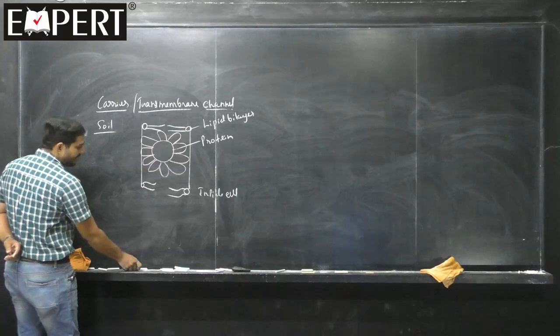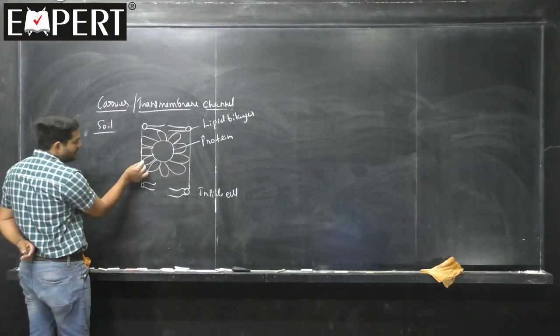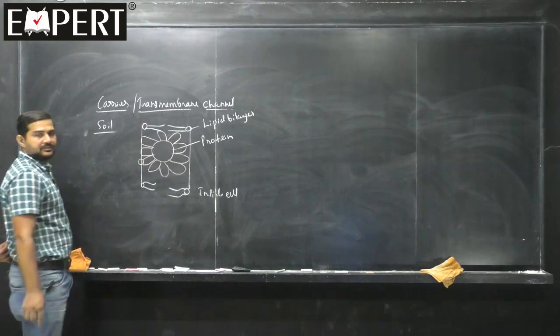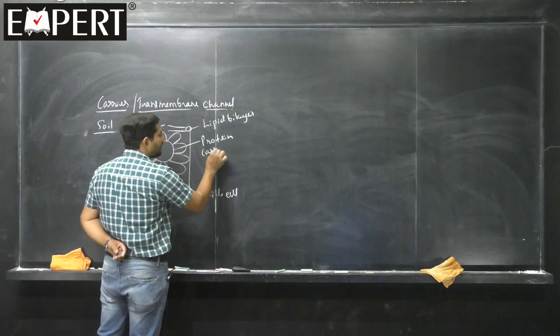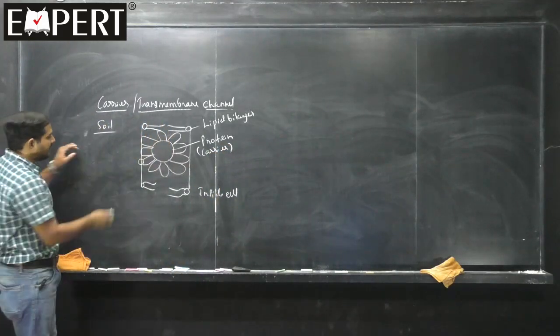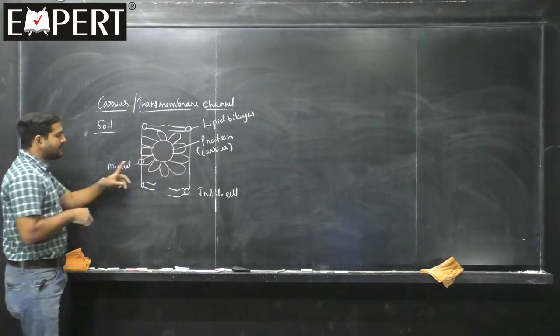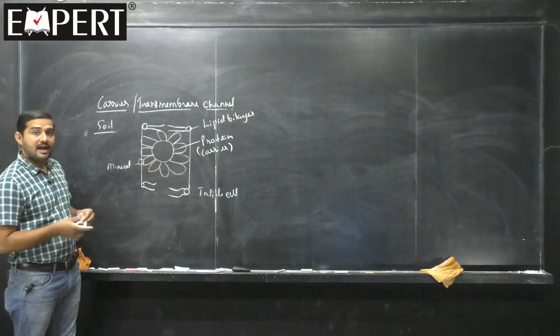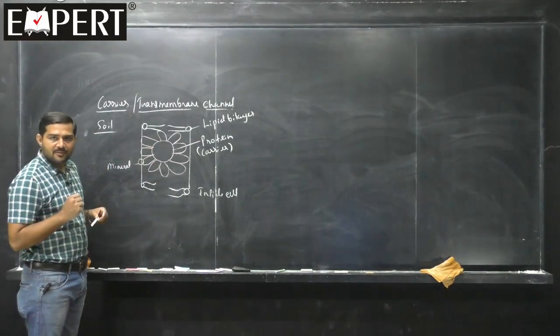The mineral element to be absorbed binds to the protein, which is a carrier protein or a transmembrane protein. The mineral element solute binds to the protein. After that, the protein-mineral complex is formed.